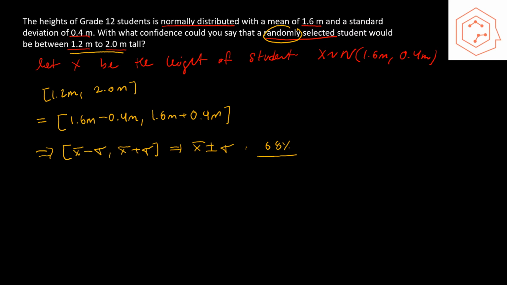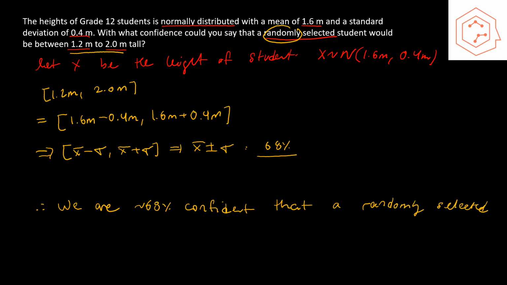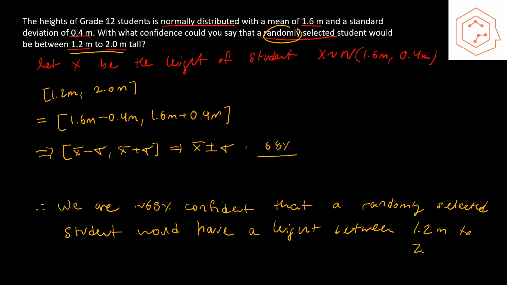And so to answer this question, we would say, therefore, we are around 68% confident that a randomly selected student would lie, or would have a height between 1.2 meters to 2.0 meters.